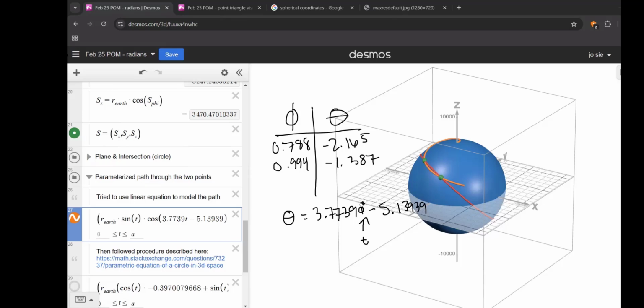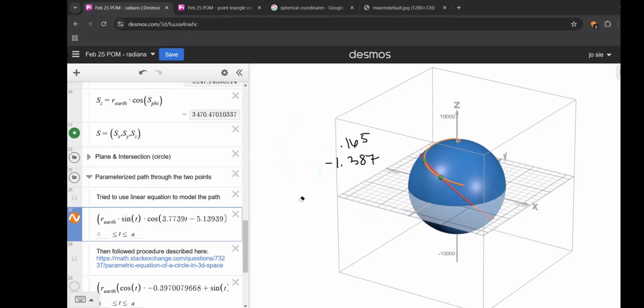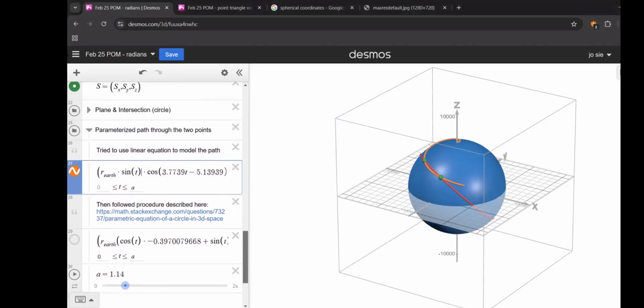Couldn't quite figure it out. So I decided instead, okay, I'm gonna give it one more shot and I'm gonna look it up. So I looked up how to do it. And once I did that, I actually thought it made quite a bit of sense.